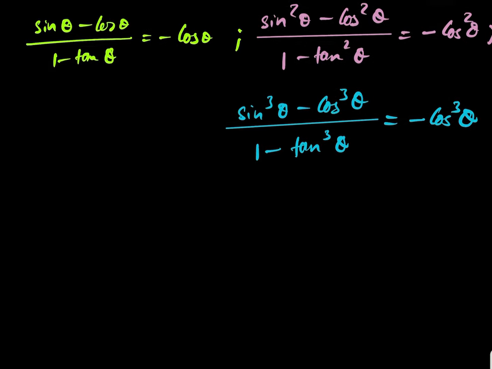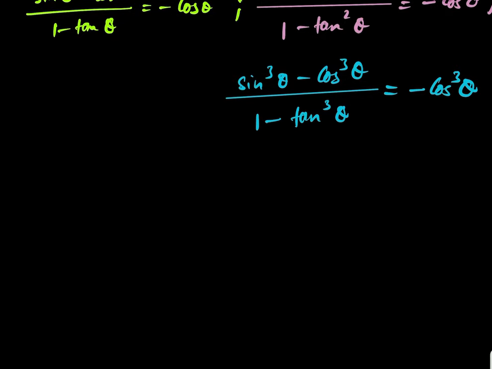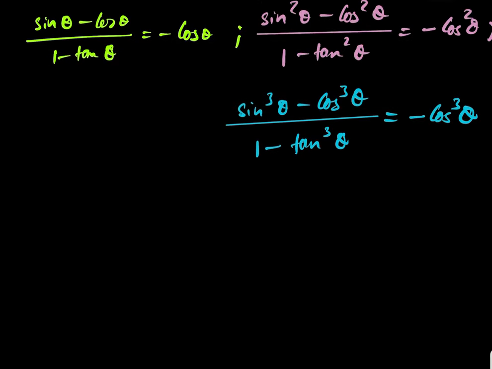Notice that every identity is going to be undefined if and only if your denominator is equal to 0. So to answer this, I'm going to equate my denominators, all of them, to 0. Think about it. I'm going to start with the first one to say that 1 minus a tangent of theta must be 0. And the other one, which is 1 minus a tangent square of theta, must also be 0.